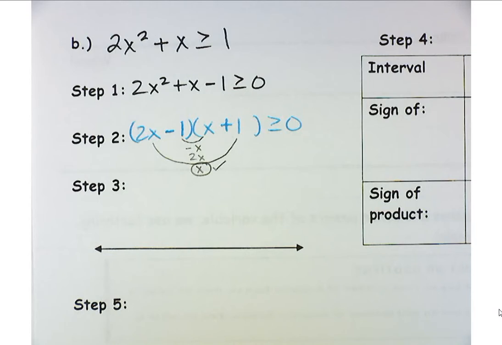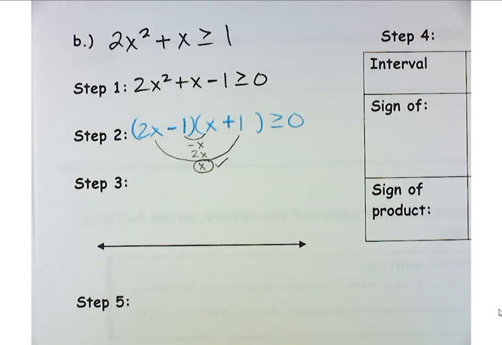Okay, so now step 3, I'm going to find out what values would make it 0. With the x plus 1, you can look at that and tell me, right? What would make that 0? Okay, you guys with me? So if it's x plus 1, what would make that 0? Negative 1. I know some of you can also look at the second one and tell me as well.